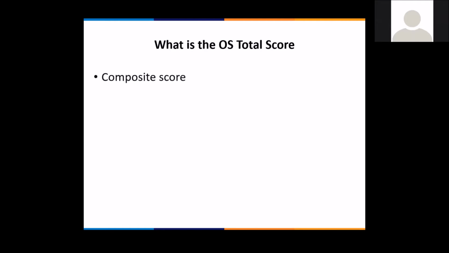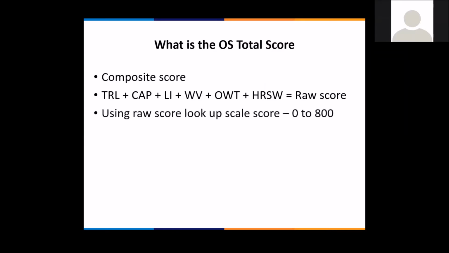So what is the total score? It's a composite score, a single score that is made up of all 6 tasks of the Observation Survey. To figure out the total score, we take all 6 tasks and add them together to get a raw score. Using this raw score, we look up a scale score, which ranges between 0 and 800, and it's this scale score that is the total score.